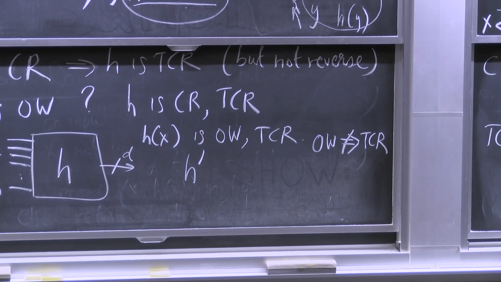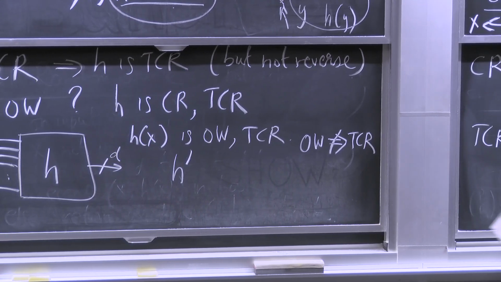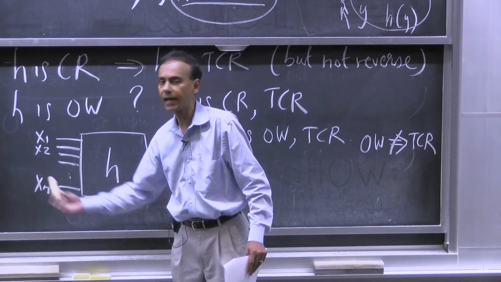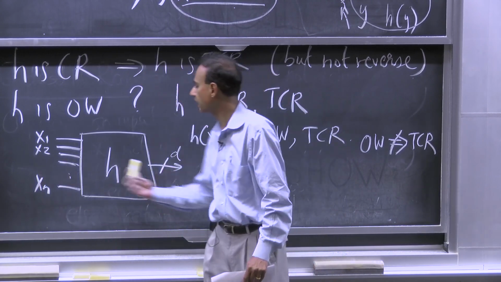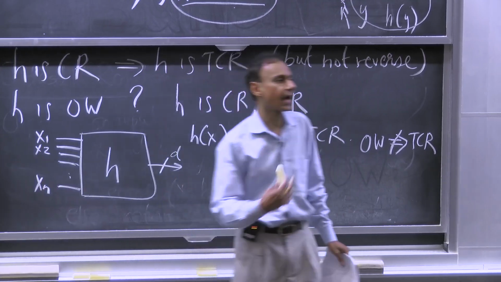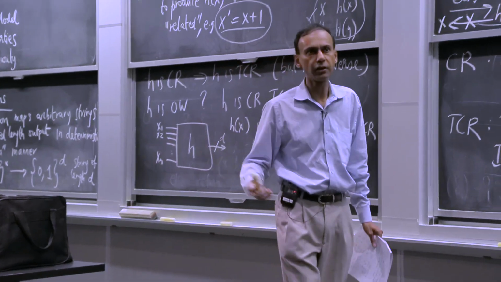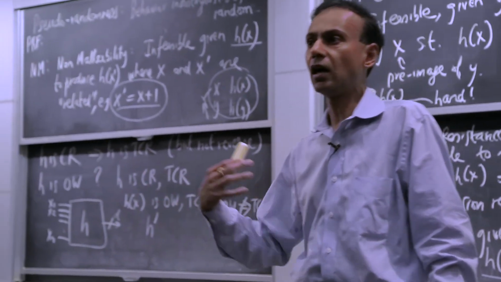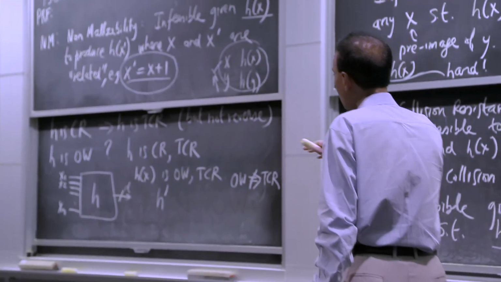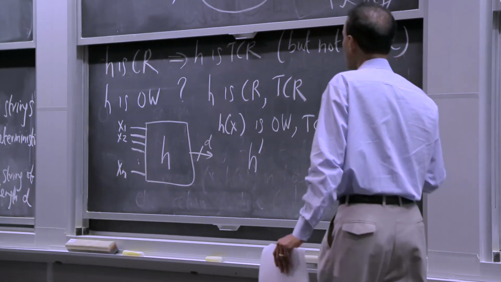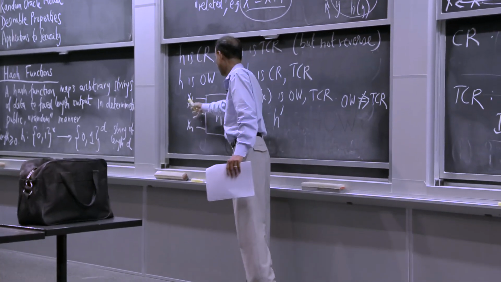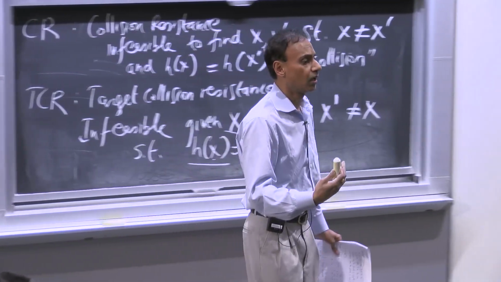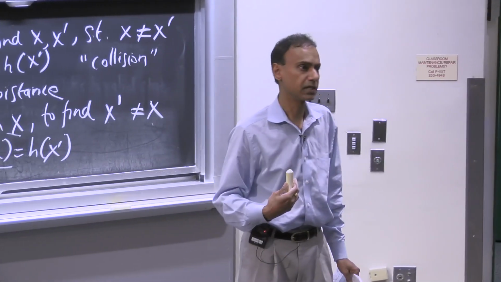The way you want to think about this is you want to add something to h such that it's still hard. If you add to h, it's still hard to go from here to there, because you've got to go deeper. You could add to the inputs of h, or to the outputs of the current h. But you basically need to go deeper in order to break one-wayness, in order to find an x that produces the d-bit string that you have.